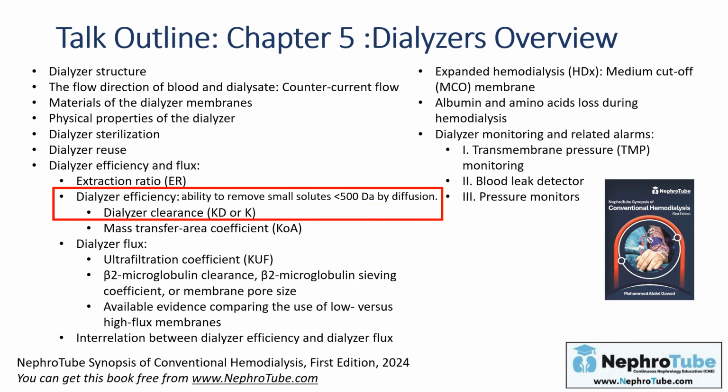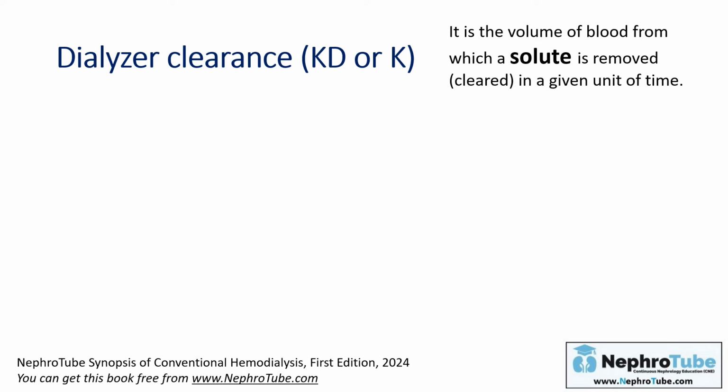How to test the dialyzer efficiency? Actually, it can be tested or measured in two ways, which are the dialyzer clearance and the mass transfer area coefficient. The most accurate to be used is the mass transfer area coefficient, but we will discuss both of them. We will start with dialyzer clearance. What is dialyzer clearance?